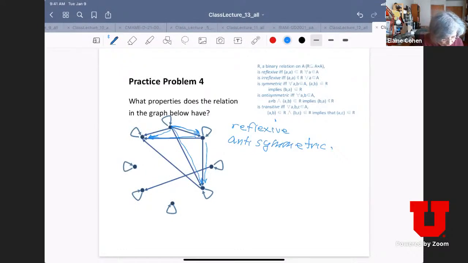I have an arrow that goes from the second point to the third, and the third to the eighth, and then I have one that goes from the second to the eighth. So whenever I have one incoming and an outgoing, then where the incoming originates and where the outgoing goes is also in the relation. So yes, it is transitive. Very good.